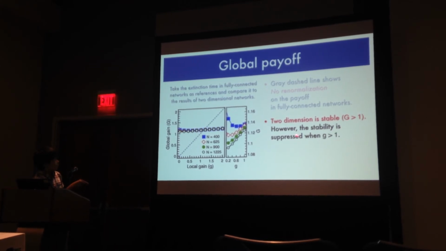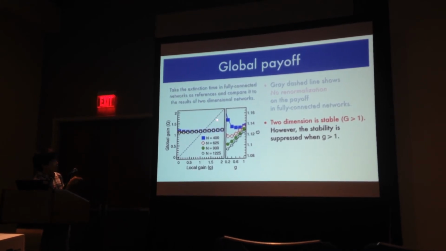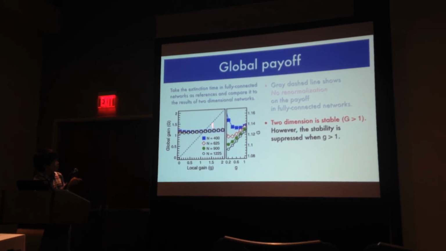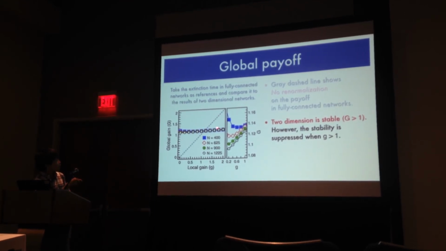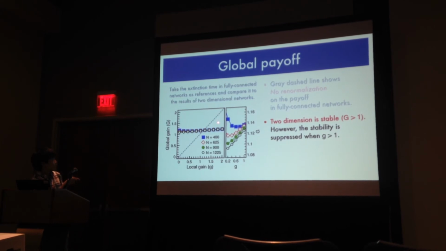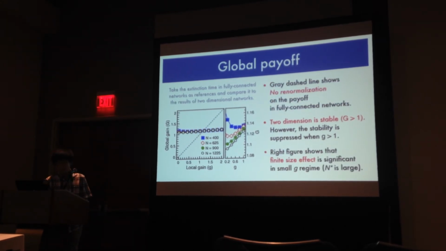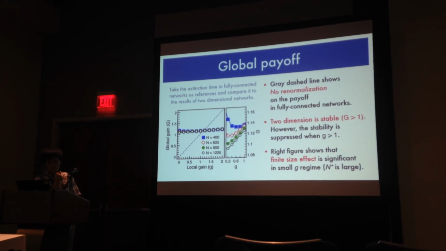However, for G larger than 1 here, the stability seems to be suppressed. This part we don't know why, and maybe we will do some research on this. We also show some finite size correction in the small G region. This is all I have done.